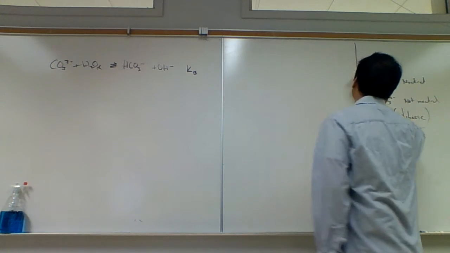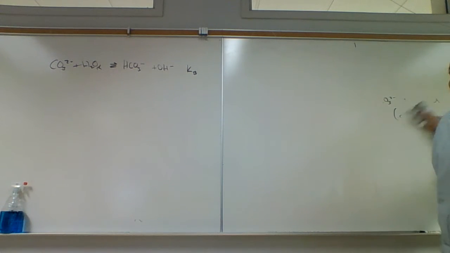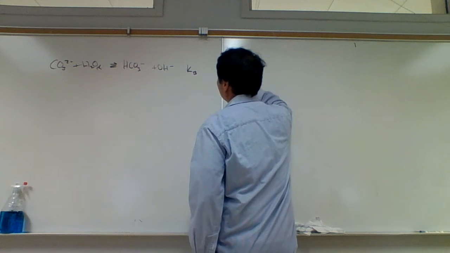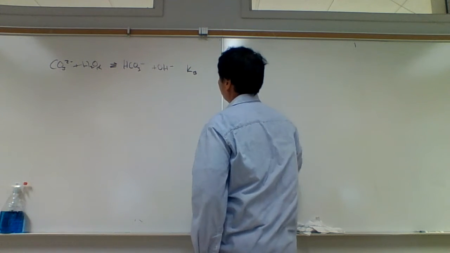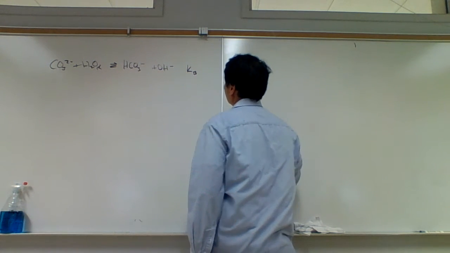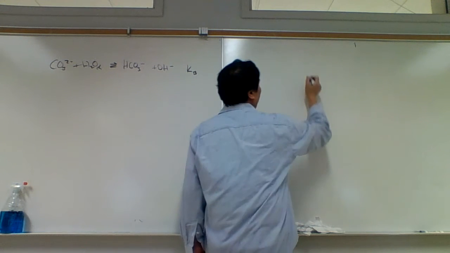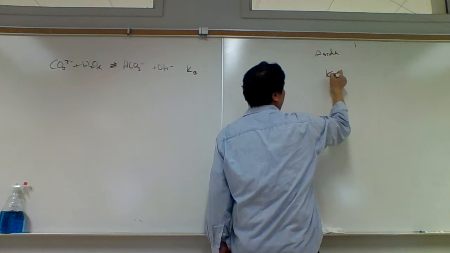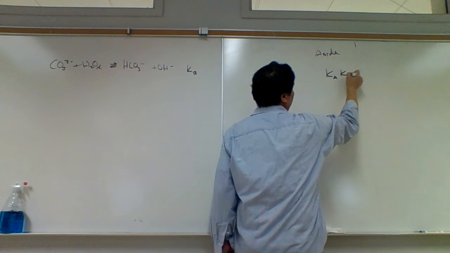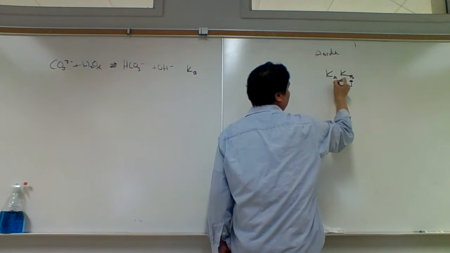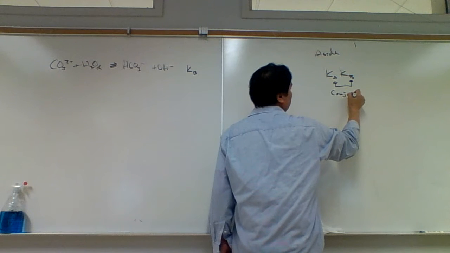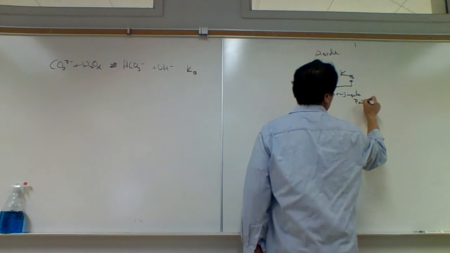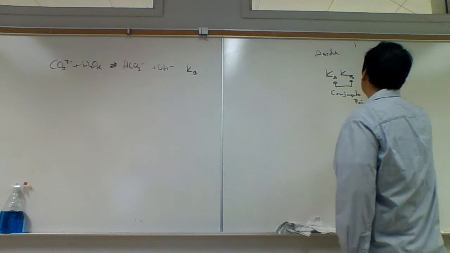Now, there's a problem with this. Because of the conjugate relationships, we often have to calculate the Kb. And it turns out, let me just do this as an aside, that the Ka and the Kb for conjugate pairs, A and B have to be conjugate pairs, is equal to Kw.